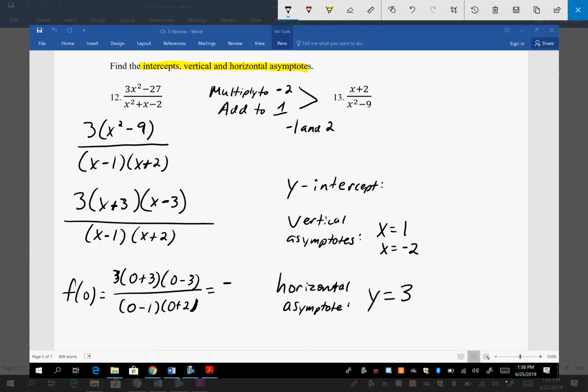It is negative 27. Over 0 minus 1 and 0 plus 2. Multiply those and you get negative 2. So it's going to be a positive 27 halves. Or 13.5. I don't care. Fraction's fine.